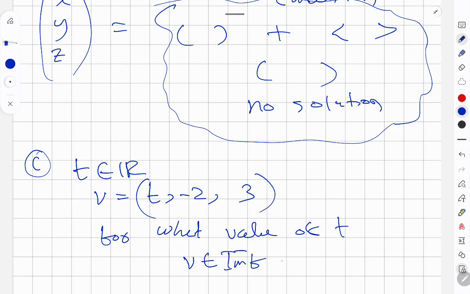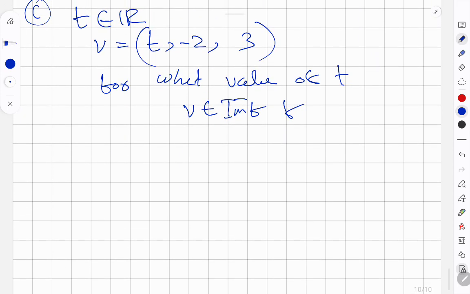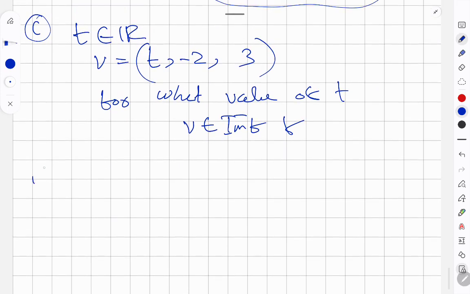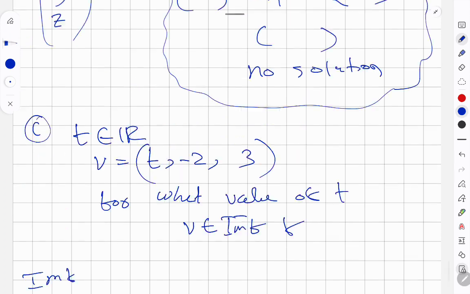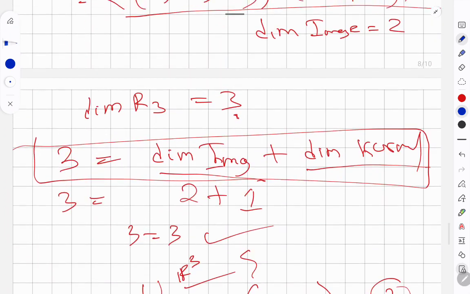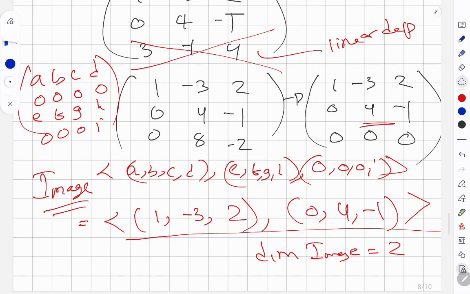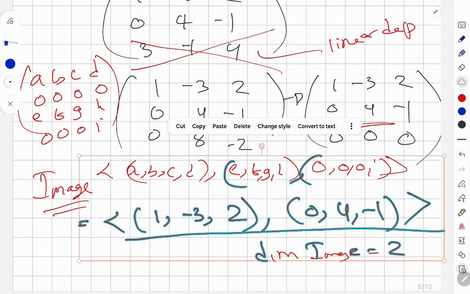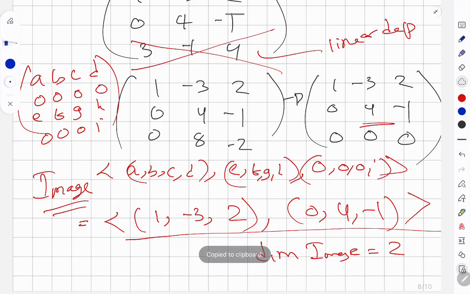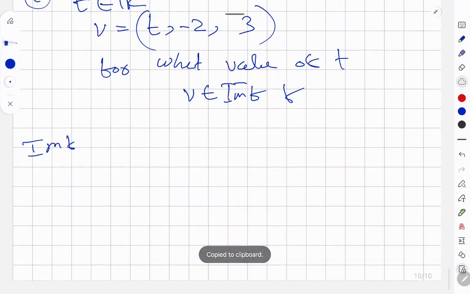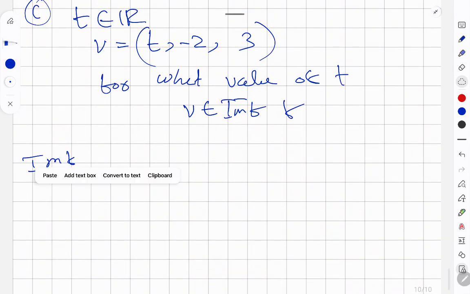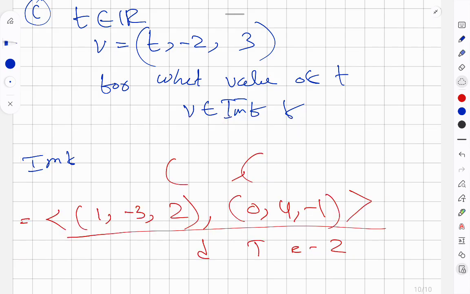Now it has several methods to do it. What was our image? Can you tell me the basis of the image? So this was our image, right?